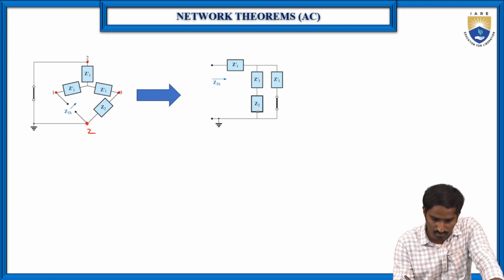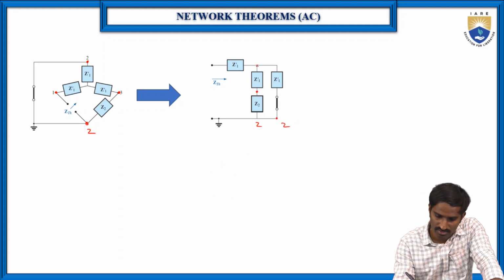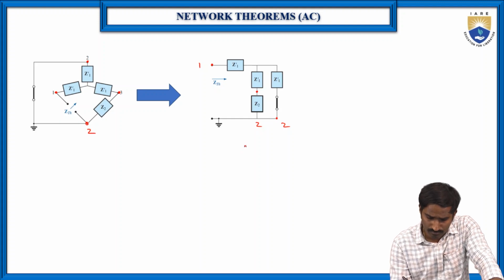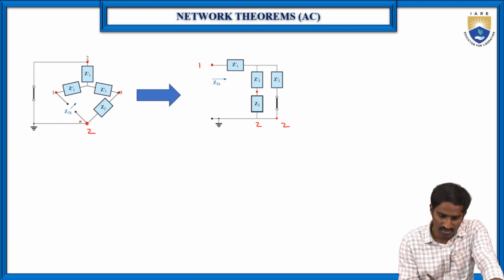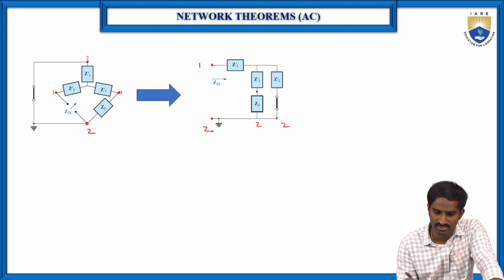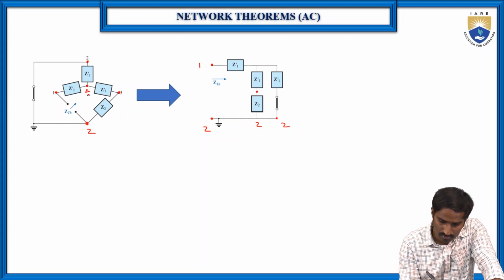Z2 is connected in between 3 and 2. Then this is also 2, then this is 1. Now, as you can see, we need to find in between the 1 and 2 terminals. So this is also the second terminal, and let me consider here it is 4. So this is 3 and this is 4.